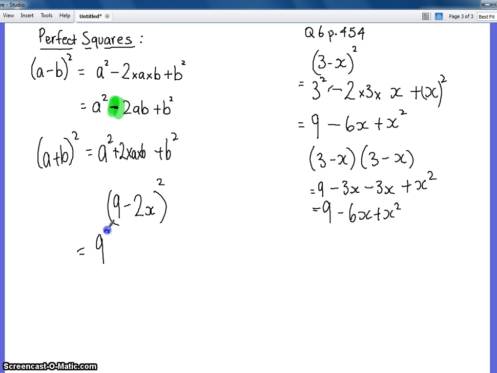Yes, 9 squared. And then take times minus 2. 9 and minus 2x. I reckon it's what we learnt there. It's going to have to be times 2x. It's just to grab that number. Okay, times 2x. Yep.